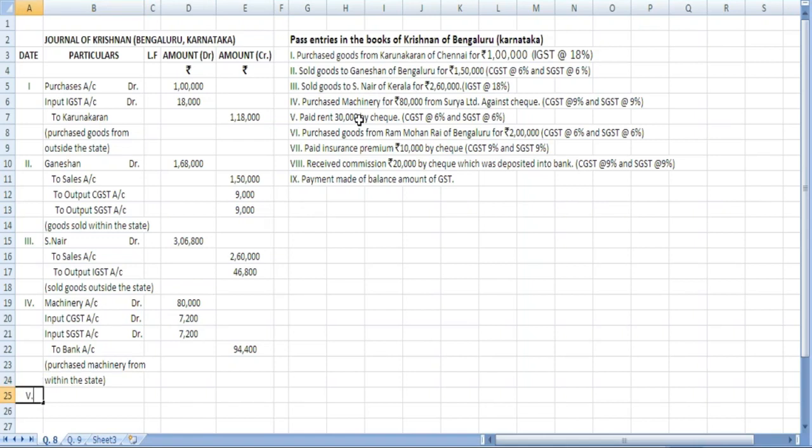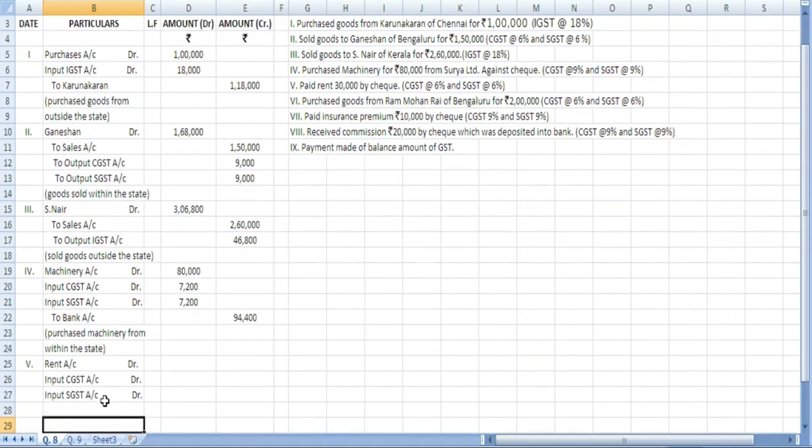Paid rent rupees 30,000 by check, CGST 6%, SGST 6%. Rent is an expense, so we will debit the rent account. Along with this we have some input tax which we have to pay at the time of rent: input CGST debit and input SGST debit, and since we have paid by check, we will write to bank account.